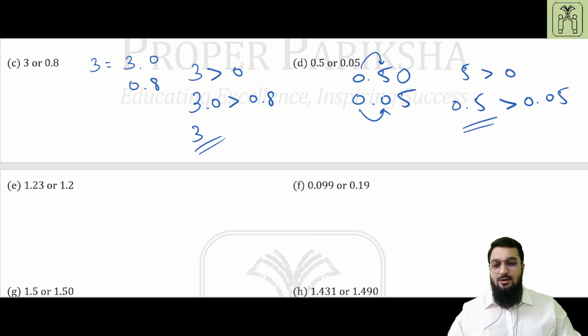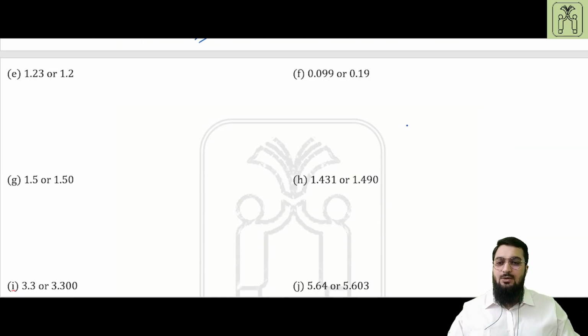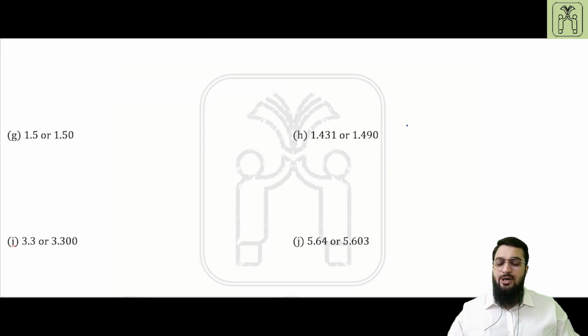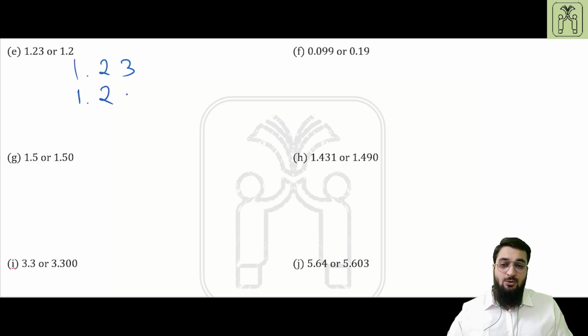Therefore 0.5 is the greater number. Coming to the next question, 1.23 or 1.2. So 1.23 will be written, and after that 1.2 will be written, or you can write whichever first you want. Since it does not have anything over here, in order to make it look similar, we will add a 0, for the reason mentioned in the previous question.